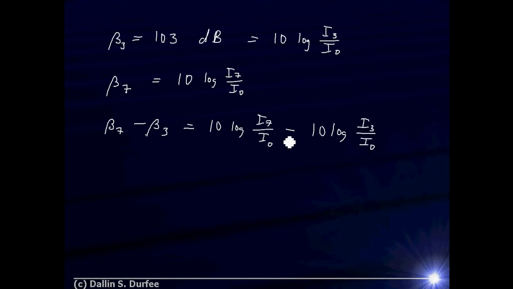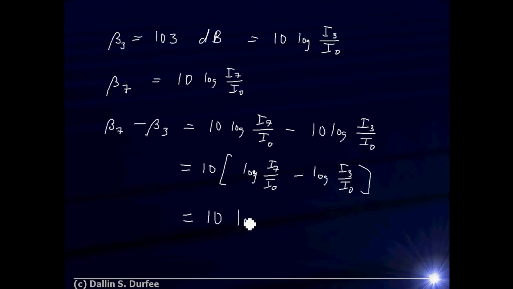I can factor out the 10, then this is just 10 times the logarithm of I7 over I naught minus the logarithm of I3 over I naught. If you take the difference between two logarithms, it's just the logarithm of the ratio of the two things inside. So this becomes 10 times the logarithm of this divided by this. When I do that, the I naughts cancel out, and I'm just left with I7 over I3.